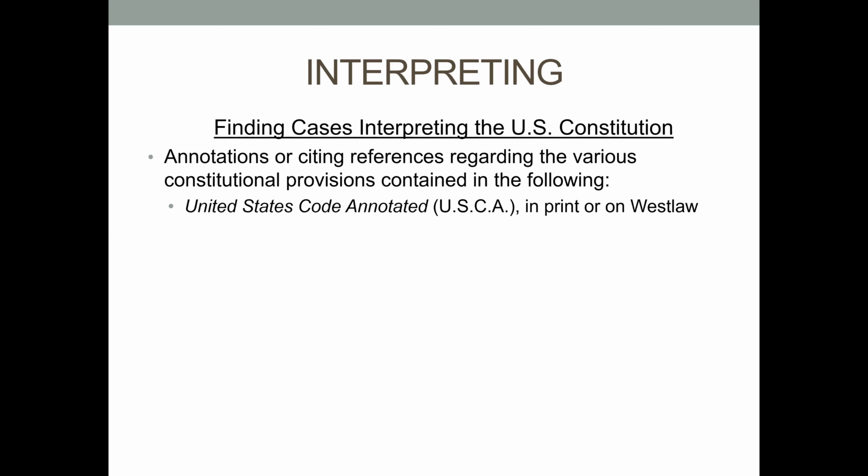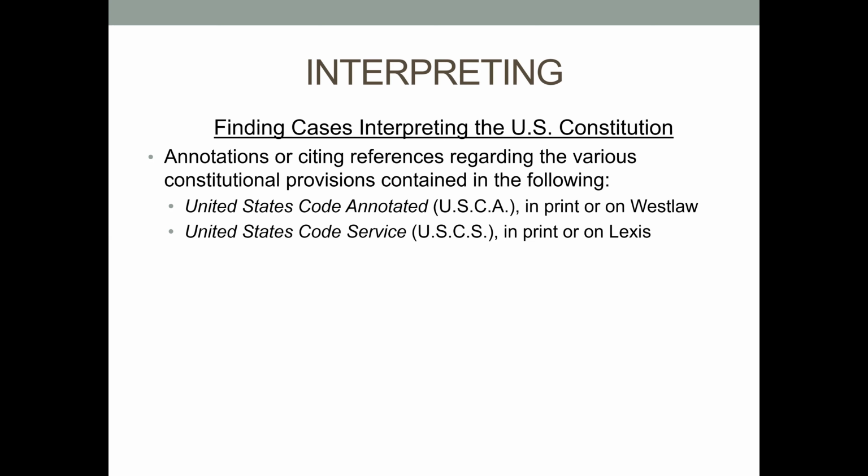In the United States Code Annotated, published by West/Thomson Reuters, in addition to having the text of the Constitution, it also prints headnotes or abstracts or summaries of the court decisions that have come out, whether from the U.S. Supreme Court on down, treating that particular provision. So that's a very helpful resource.